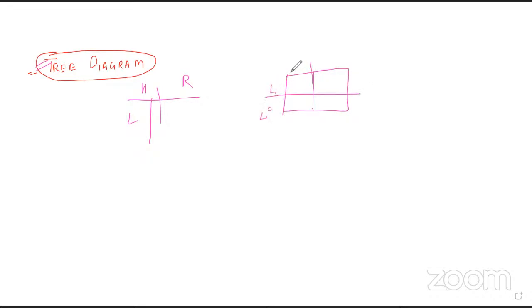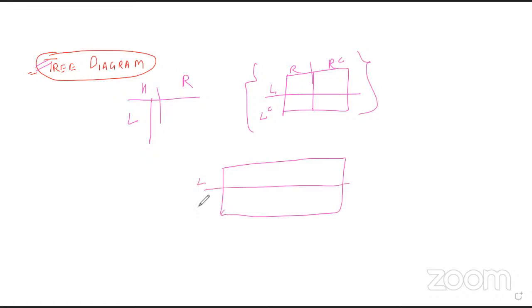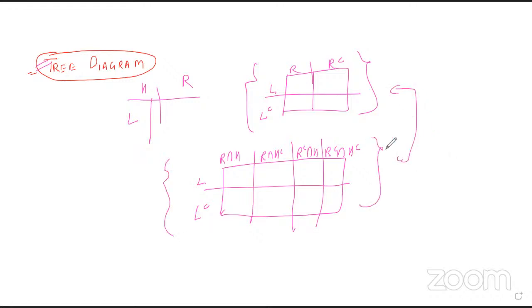Late, not late, rain, non-rainy, because this information is provided to you. The second set of information provided is late, not late, based on four partitions: rain and heavy traffic, rain and not heavy traffic, not rain and heavy traffic, not rain and not heavy traffic, right? So from the contingency tables, you need to use these two tables to approach it.